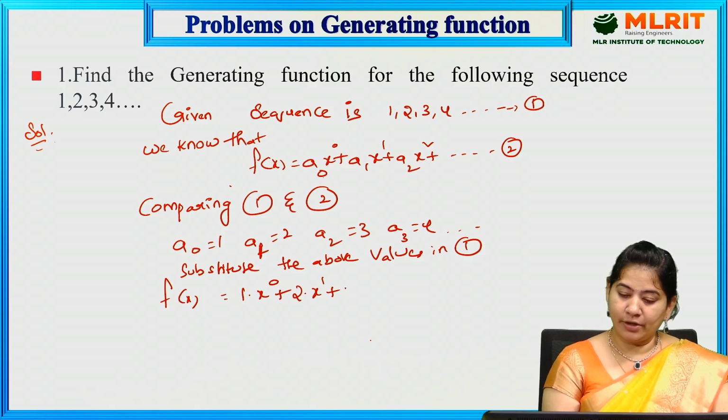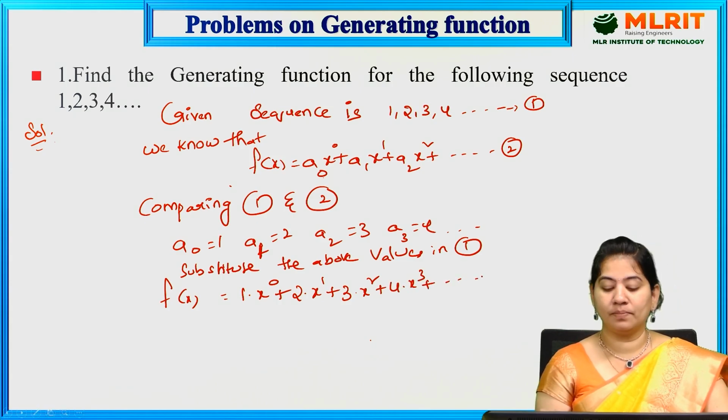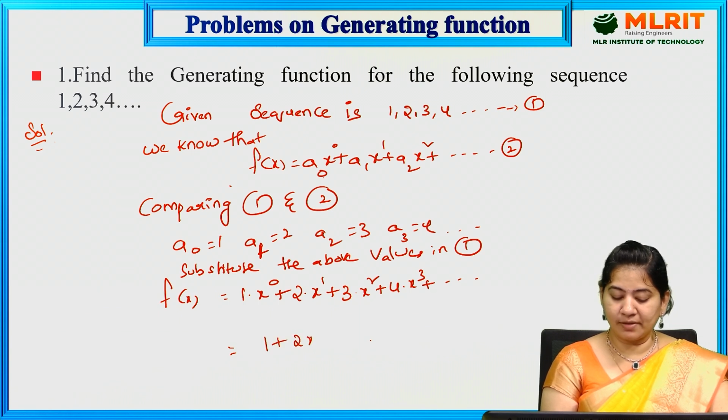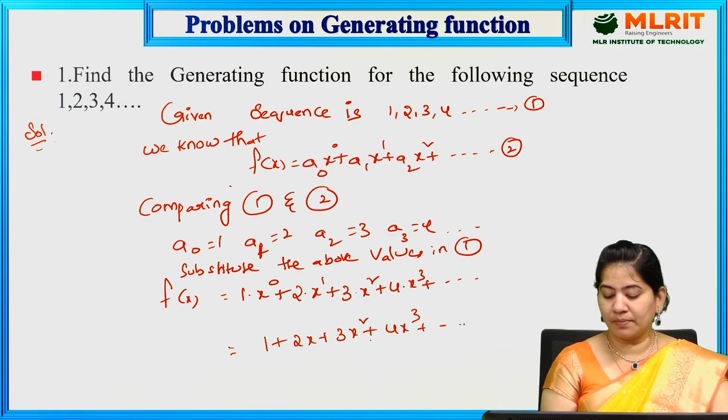So plus A2 is nothing but 3, 3 into x square plus 4 into x cube, and so on. So here if you observe, 1 into x0 is nothing but x power 0 is 1, so 1 plus 2x plus 3x square plus 4x cube, and so on.